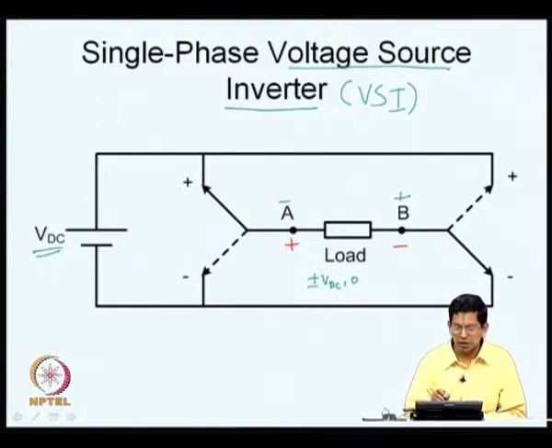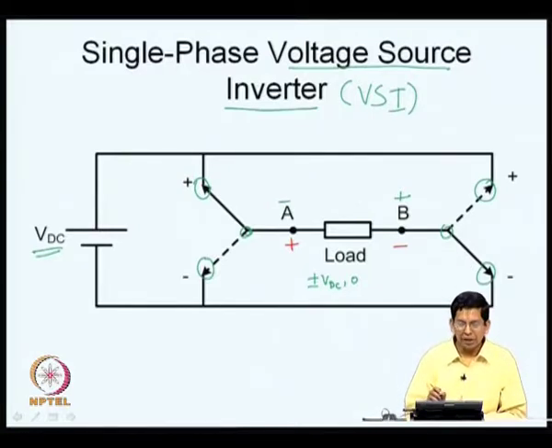The load has two terminals and both the terminals A and B are connected to the poles, one pole each, and now you want to connect either your positive DC bus or the negative DC bus here, hence you have a single pole double throw switch and the DC source is connected across the throws. The load terminals are connected to the poles, the load is inductive here, and the DC voltage is connected across the throws. Similarly, the DC voltage is connected across these two throws.